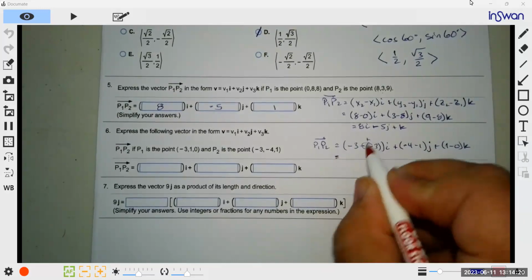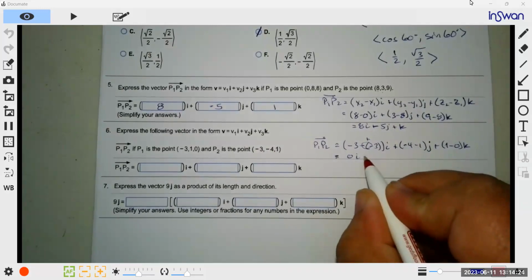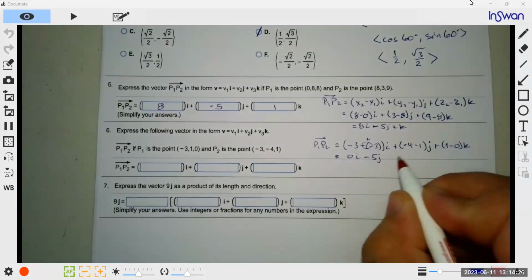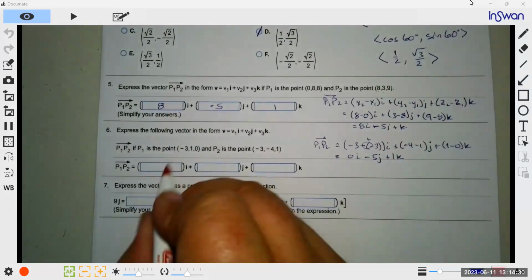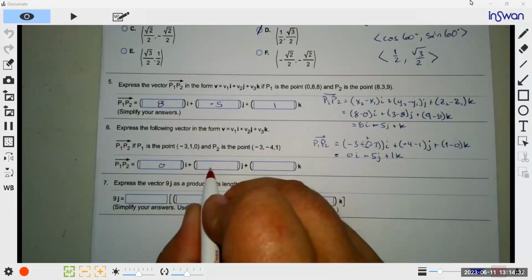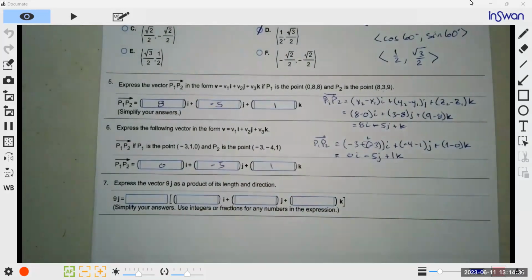That becomes a plus. It's 0i minus 5j plus 1k. So it's 0, -5, 1.